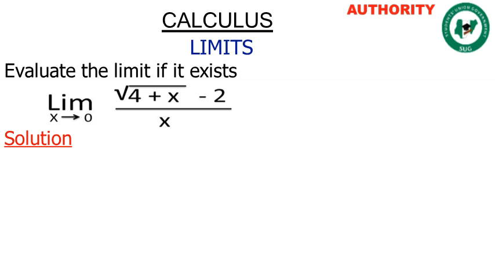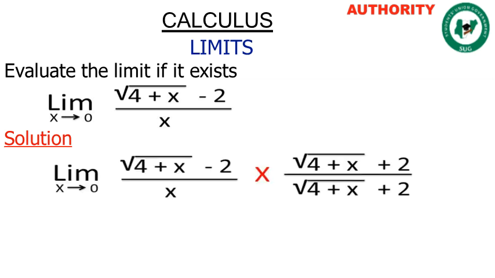But this is what we want to do. Please pay attention. Okay, now let's go. We have lim as x approaches 0, square root of 4 plus x minus 2 all over x times square root of 4 plus x plus 2 all over square root of 4 plus x plus 2. Okay, now from here, see how I want to arrange this.